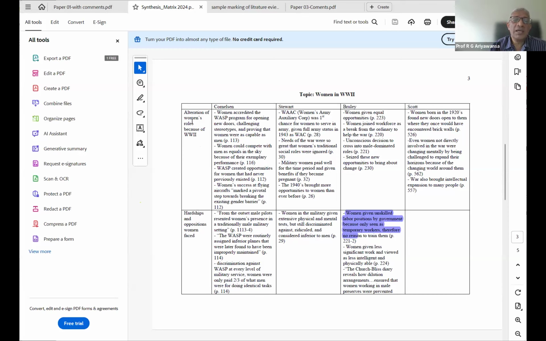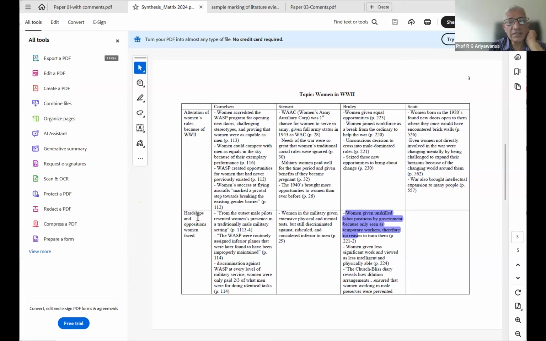The first concept is the alterations of women's role, the changes of women's role because of the war. How the women's role has been changed by this particular war. That is one thing these researchers wanted to know.